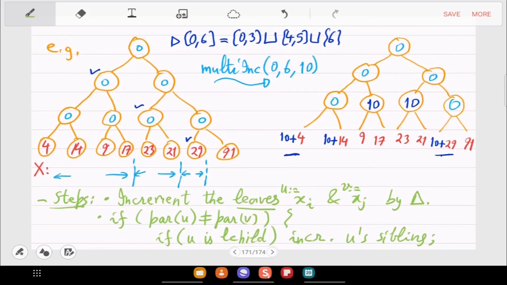Then for 4, the sibling is 14, you increment that. And then you see what remains in the middle. What remains is 9, 17, 23, 21. So their internal node, the parents, you increment them to 10. Okay, that completes the multi-increment for 0 to 6.